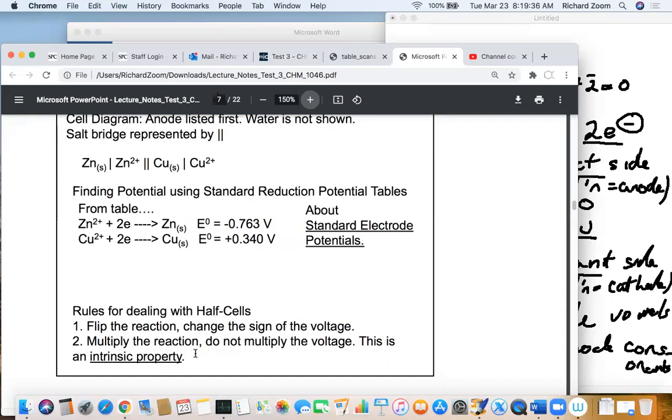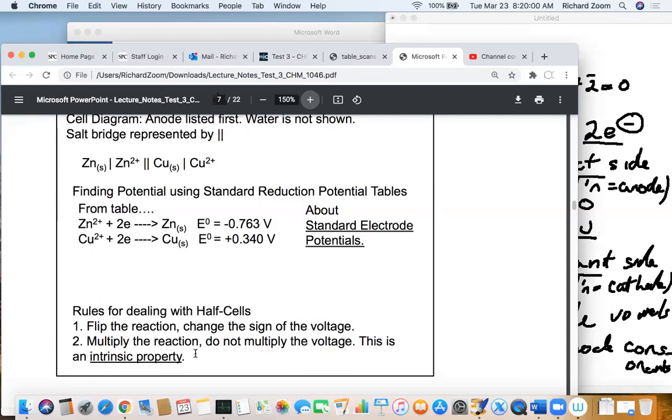Examples of extrinsic properties include volume. So if you've got different volumes of, say, a liquid, then that would be an extrinsic property, because that depends on how much you have. So 1 liter looks different to 2 liters, for example.